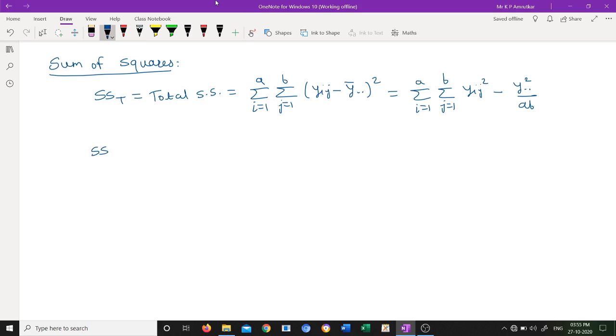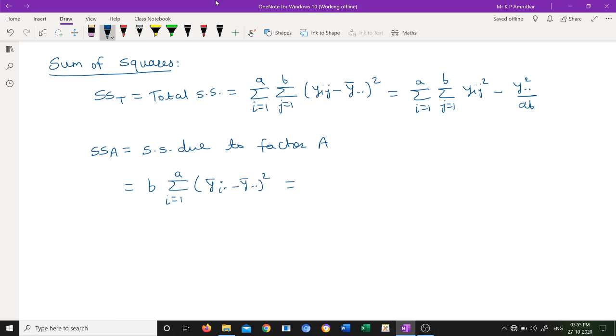Next formula is of SSA. SSA means sum of squares due to factor A. Now the formula for this one is B into summation i equal to 1 to A (y bar i dot minus y bar dot dot) whole square.